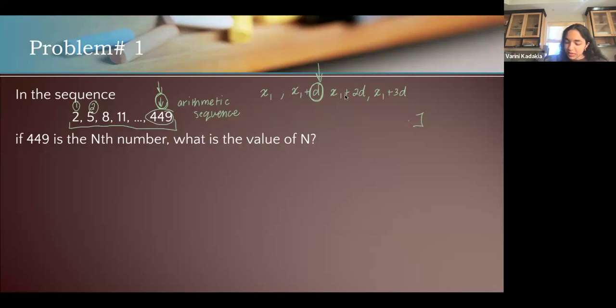Okay, let me give you an example of how this is set up. Let's say on day 1, you have one apple, and every day I'll give you 2 additional apples.